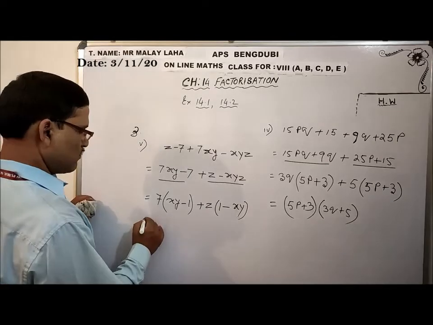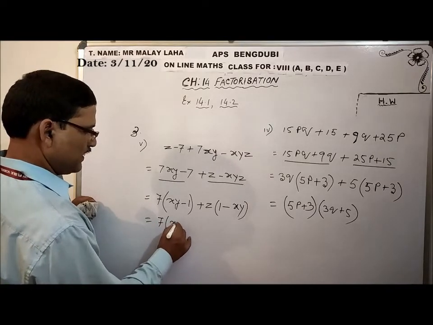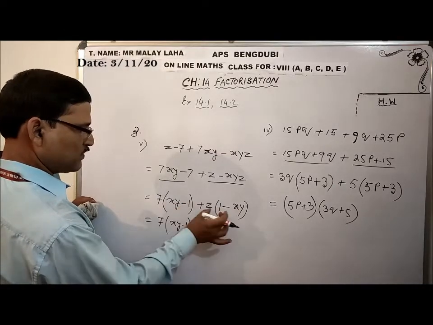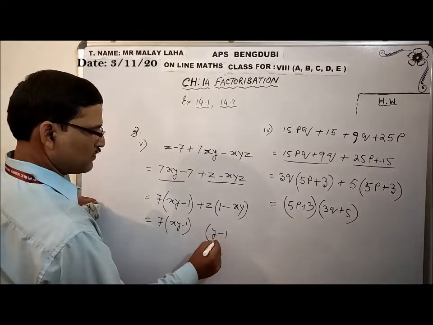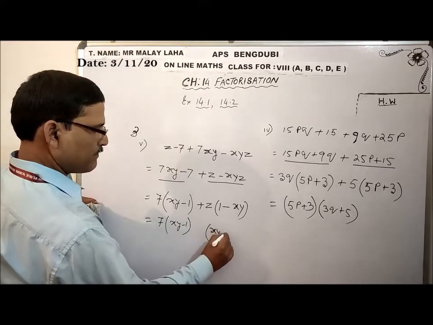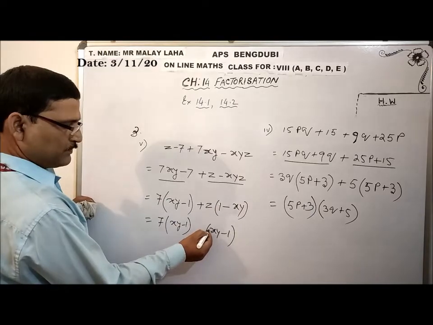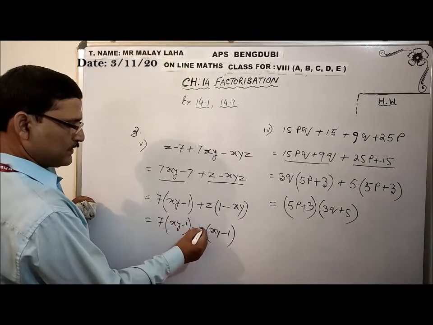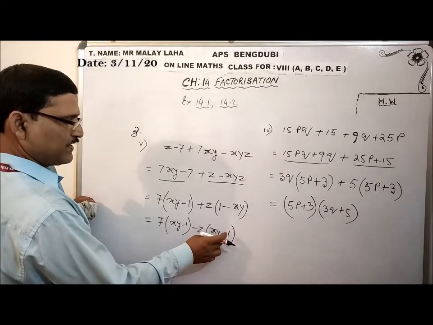Okay, how to make it common? You see here, the sequence; you will come to know gradually. If I write it in this form, xy minus 1, what changes are there? It was minus xy, now it is plus. So that means it was plus z, it will be minus z. And you see, plus converted into minus.